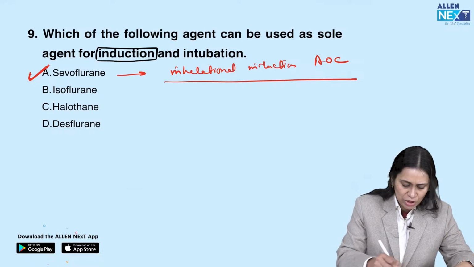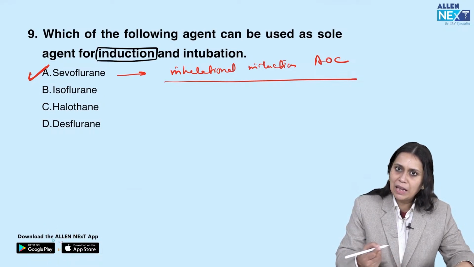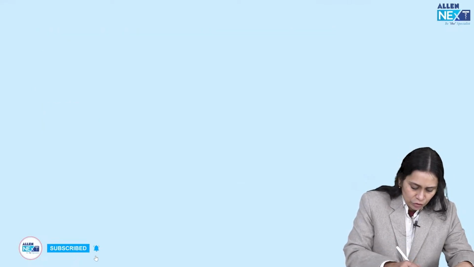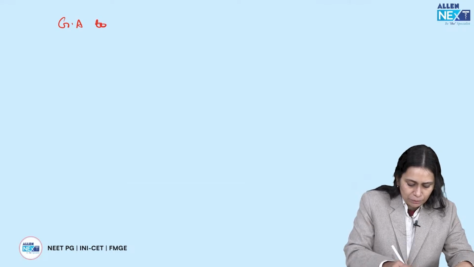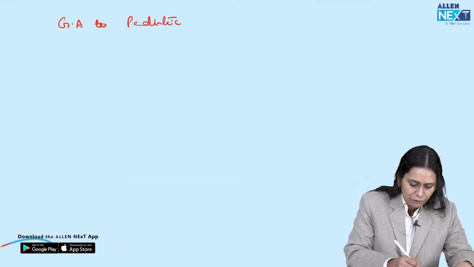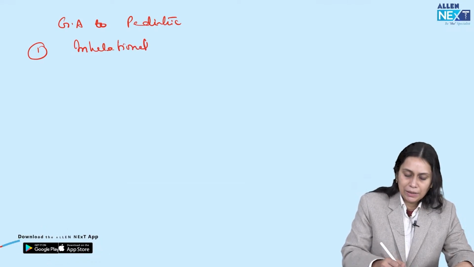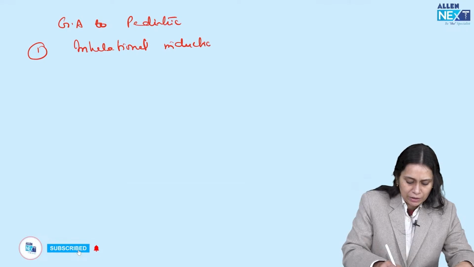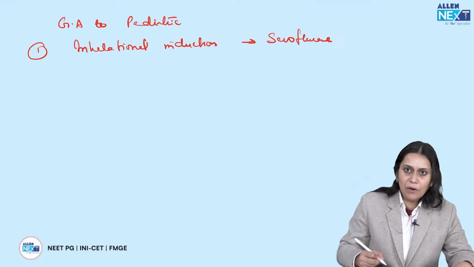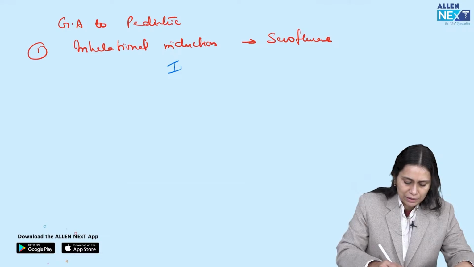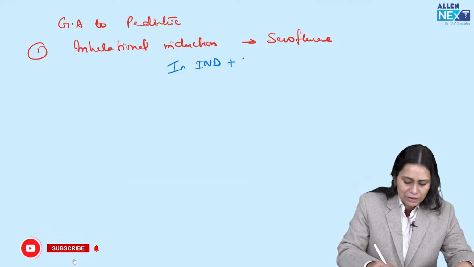We deepen the patient under sevoflurane anesthesia and we intubate. So when we are giving general anesthesia to a pediatric patient using inhalational induction, the best agent is sevoflurane. Under sevoflurane, we can deepen the patient and also intubate. So for inhalational induction and intubation, the agent of choice is sevoflurane.